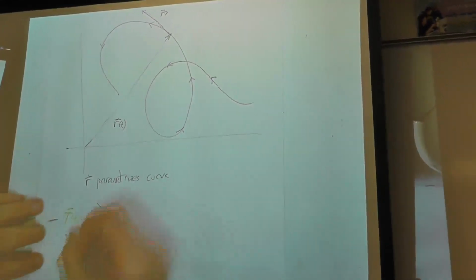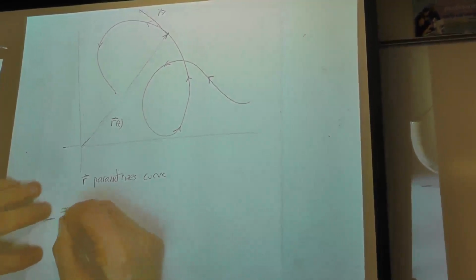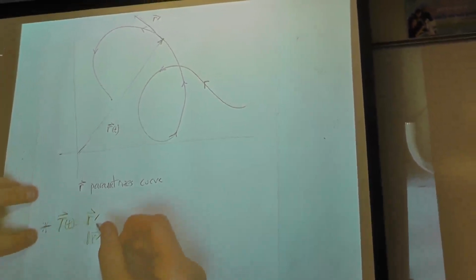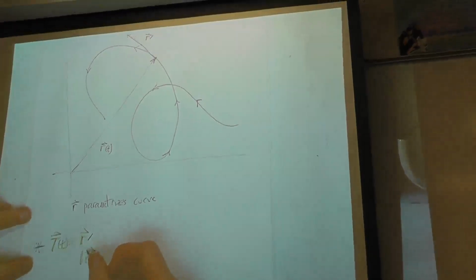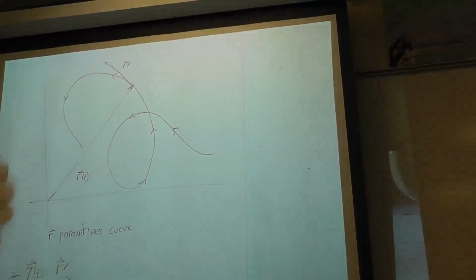That means that T has the same direction as R prime, but its length is 1. I don't have any scale here, so I can't tell you what length of 1 is.